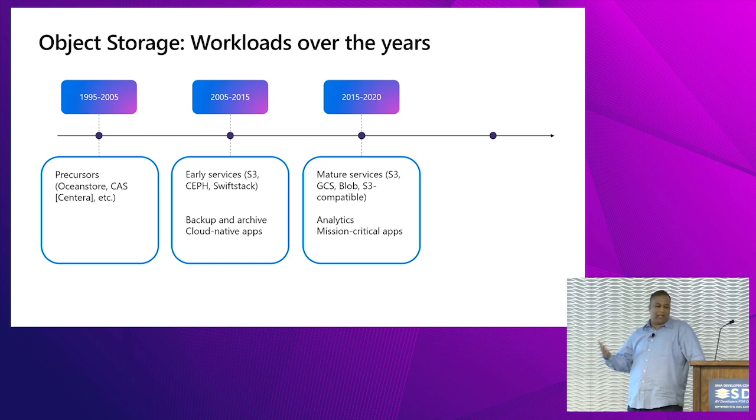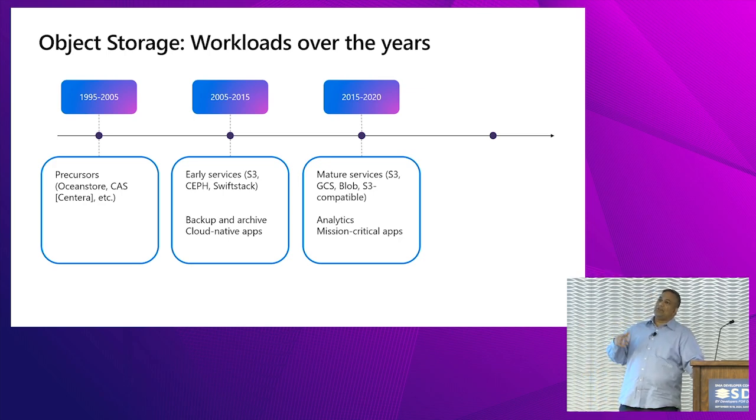Things kind of evolved, and by the time you get into the mid-2015s, I would say, at least all the cloud hyperscalers had relatively mature or maturing object storage services. And what started changing by somewhere around 2015, 2016 is, for those of you who remember the buzzwords of a decade ago, it was all about big data and analytics, and again, the reality of big data took many years after the buzzwords came out.